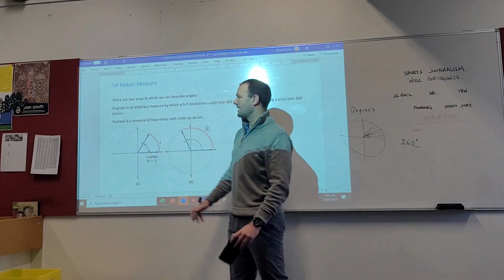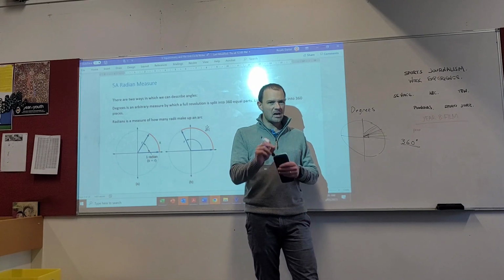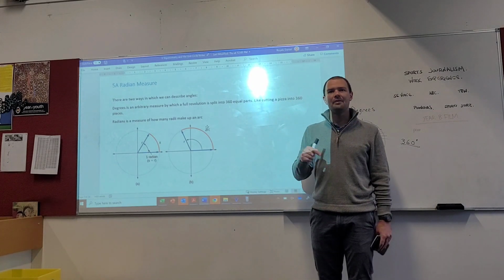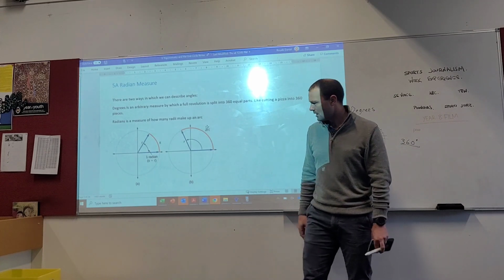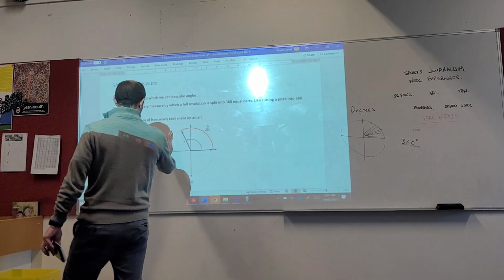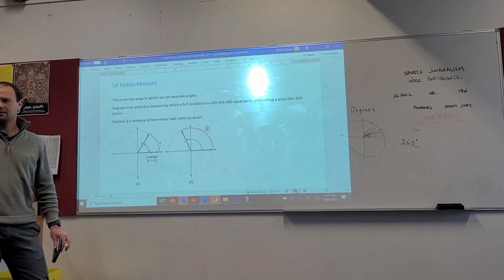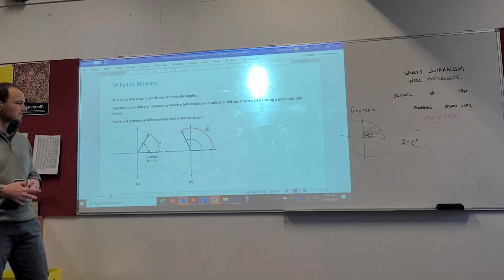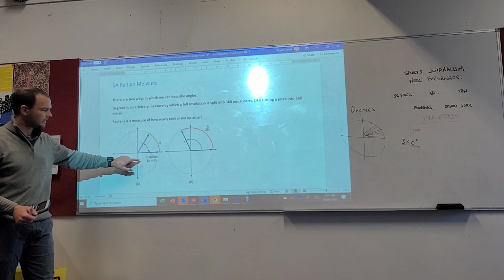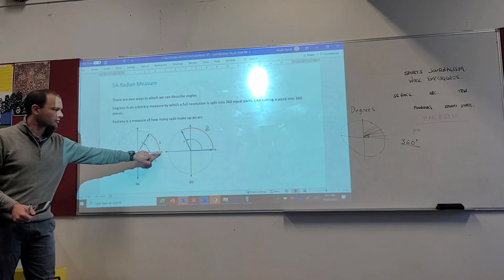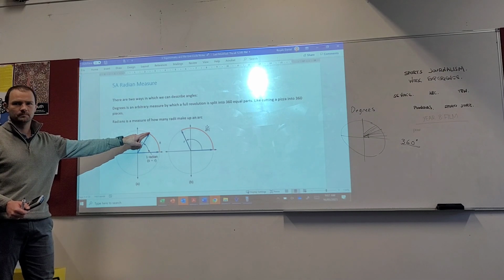Next, let's move on to radians. Now, radians is a unique measure of an angle, and this is non-arbitrary because it's dependent upon the radius of a circle. So if I have a circle here, and the radius is equal to r, then the angle of 1 radian is going to be the angle I have when I travel 1 length of r around the circle.